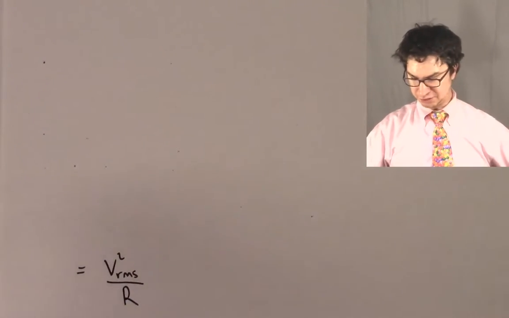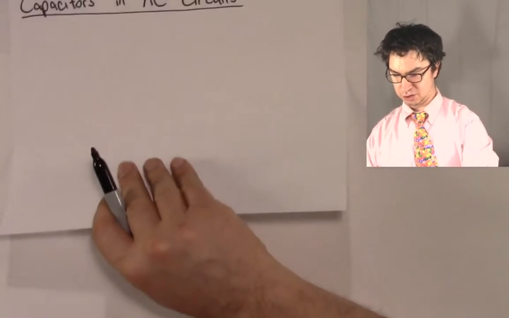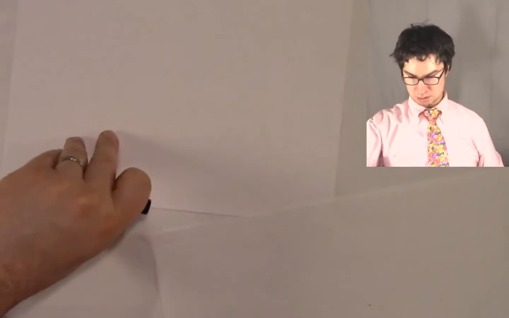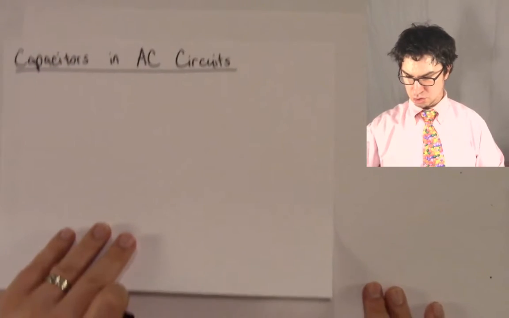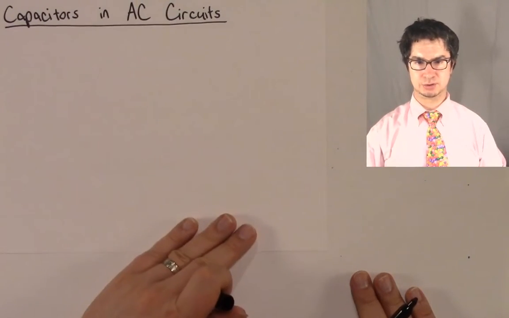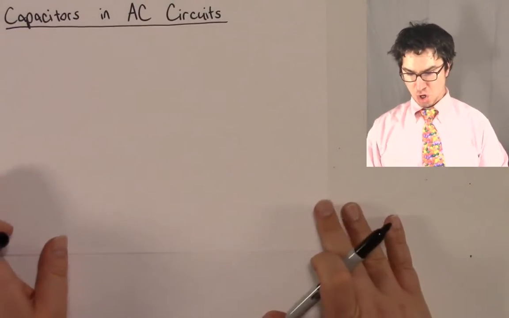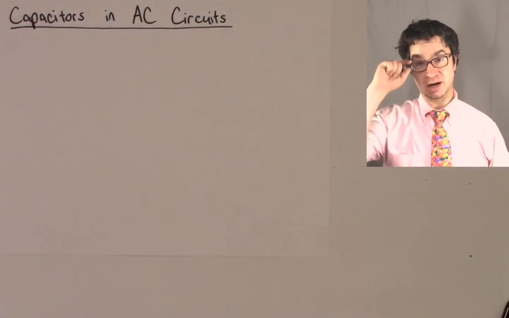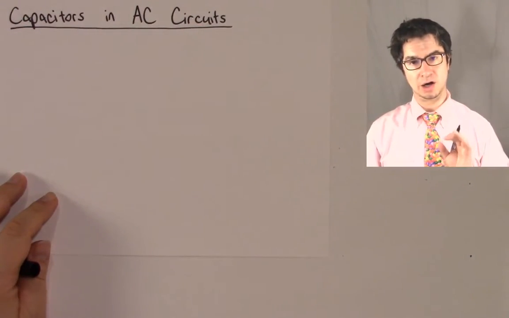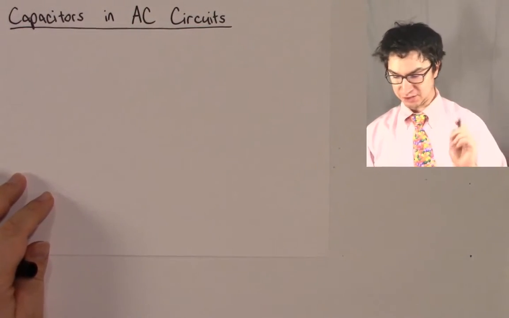The next thing that we want to study is capacitors in AC circuits. Let's talk about capacitors in AC circuits. The way that we draw a capacitor in an AC circuit is as follows. We're going to start with an AC source. Now check this out. This is kind of cool.